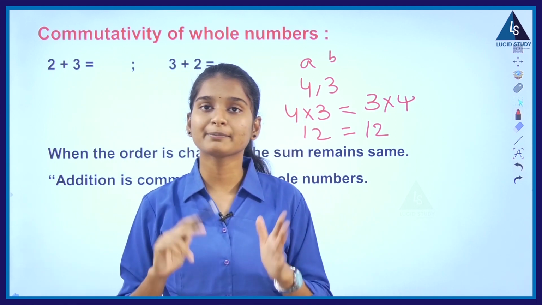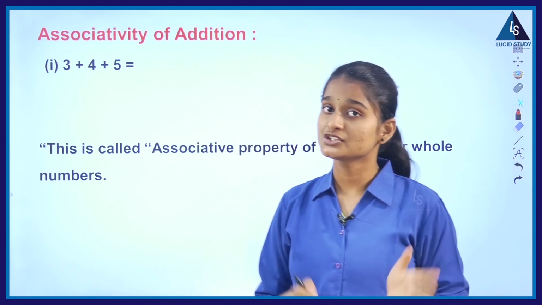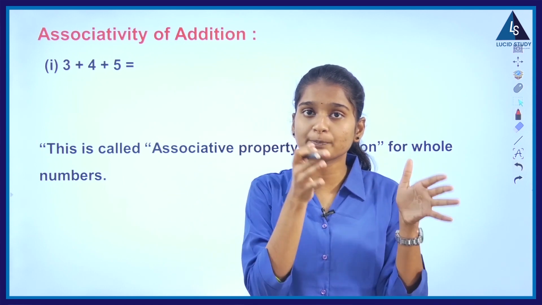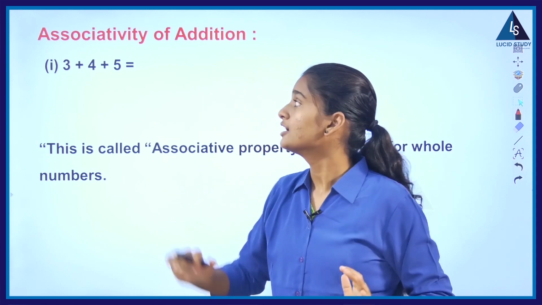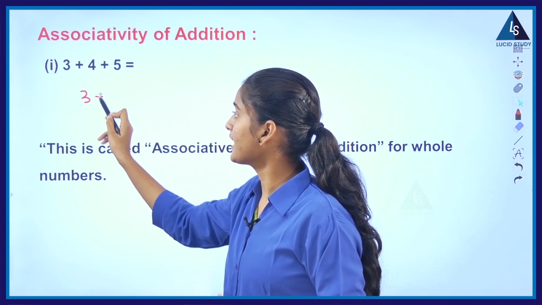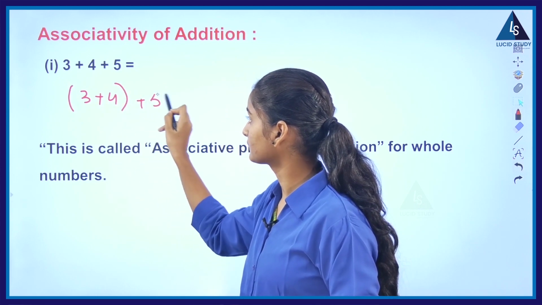Now let us learn about associativity. So children, what is associativity? Associative property is nothing but first we group two whole numbers together. We can group this in two ways. First we can write it as 3 plus 4 as a group and add 5.